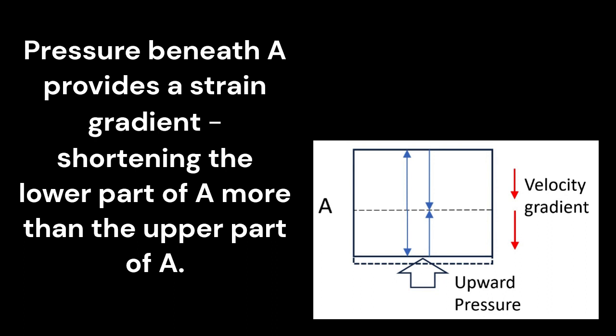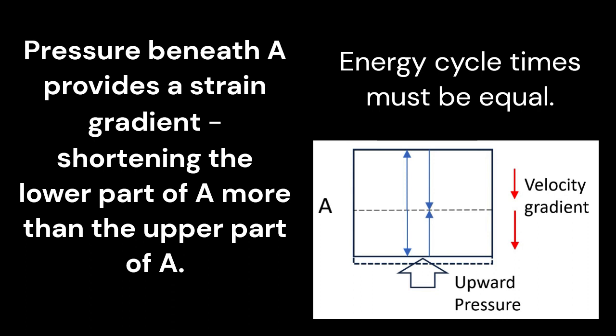But because the space is moving faster in the lower part of A, it would cycle more slowly. In order to get the upper and lower energy cycles to return to the midpoint at the same time, there needs to be a pressure that shortens the lower part of region A.